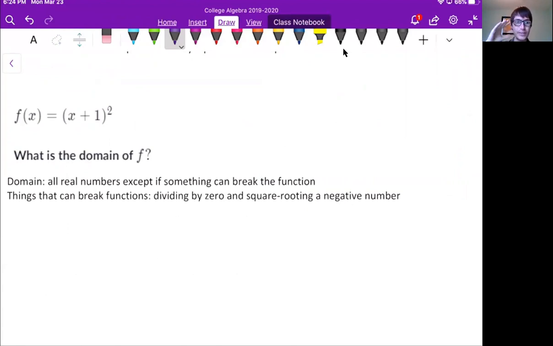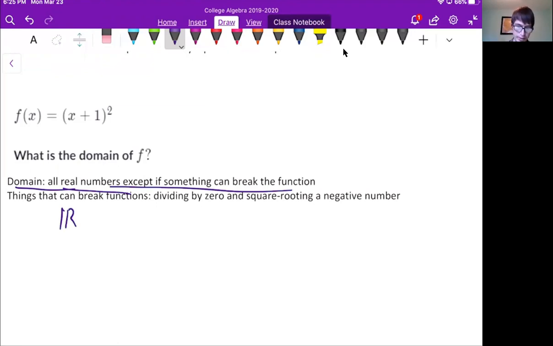Anything that makes it so that you can't reasonably figure out a solution for x is a problem, because we can't graph points for those values. The answer will always be all real numbers, except if something can break the function.